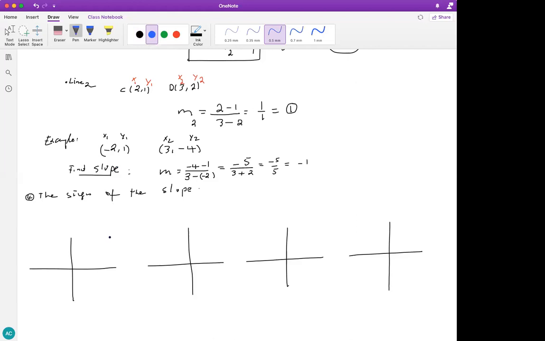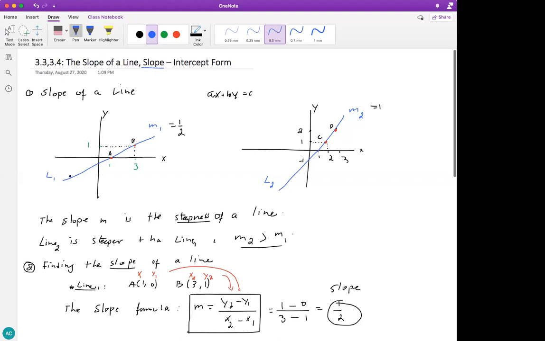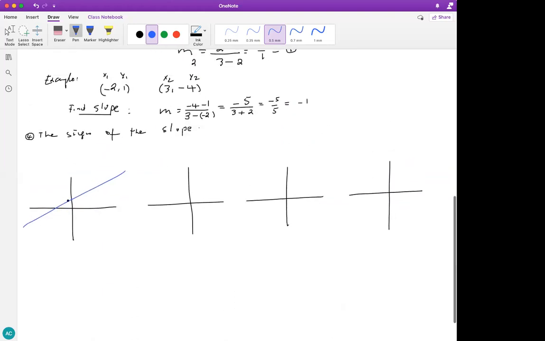So the first thing is what we saw earlier. The line is like this. When the line goes up like this from left to right, the slope will be positive, just like these two. They both go up from left to right. They don't fall down like this. That's why both of them have a positive slope.